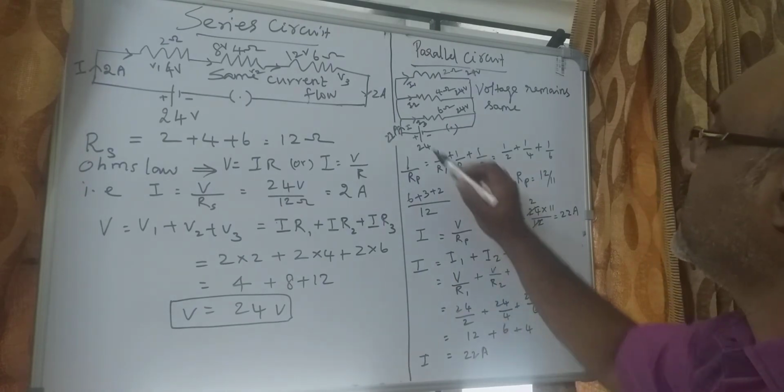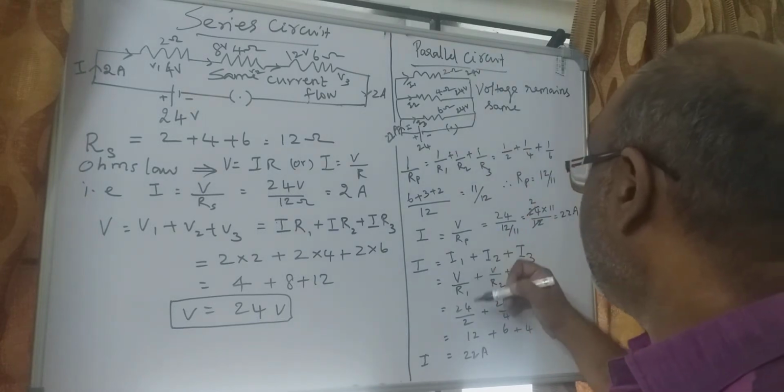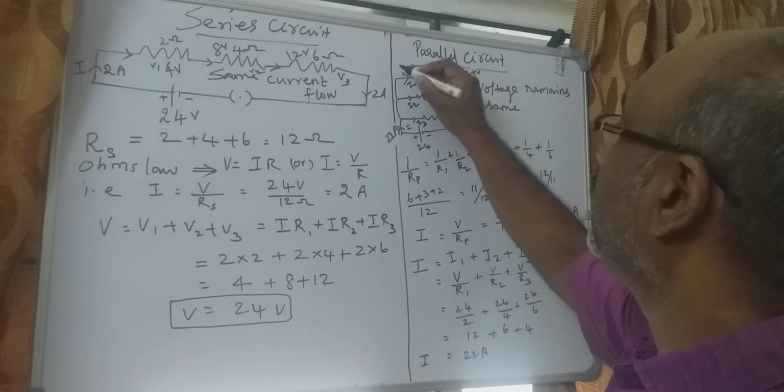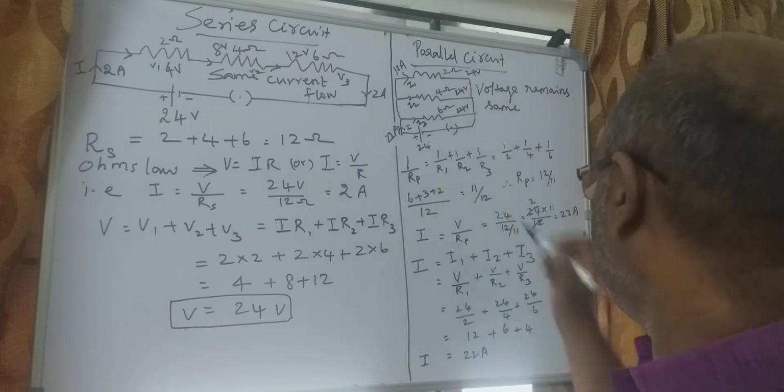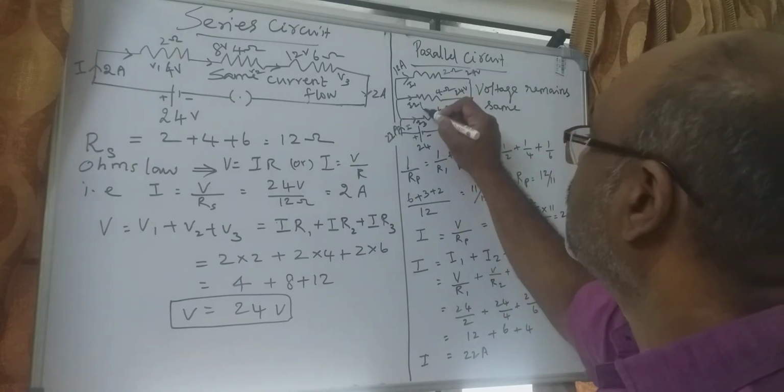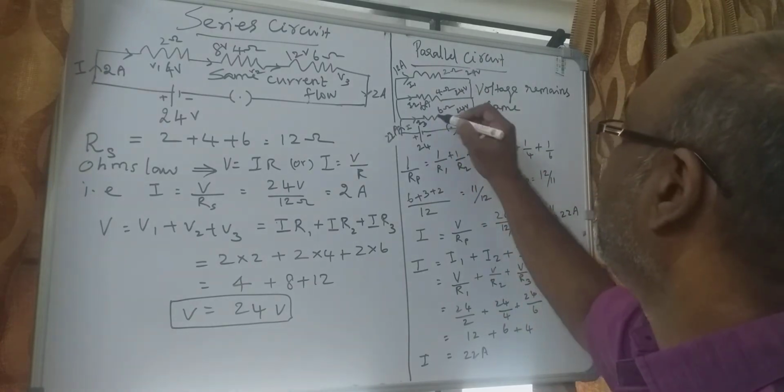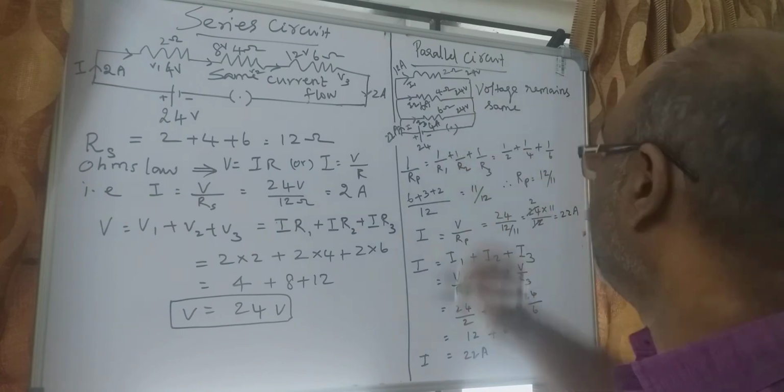The total current is 22 ampere, but for I1 it is 12, so the current going here is 12 ampere. For I2 the current going is 6 ampere, and for I3 the current going is just 4 ampere.